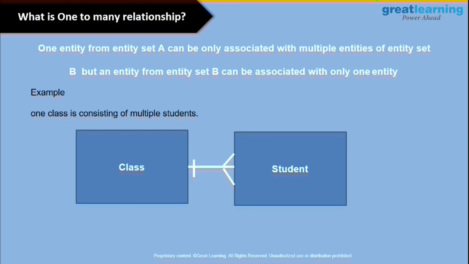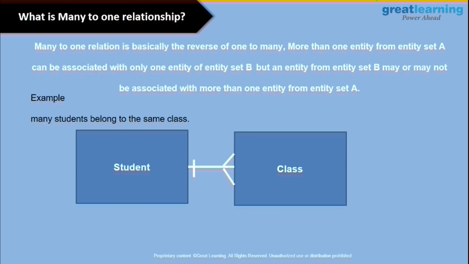I know it is a bit confusing, but when you start working with this, you will start understanding how the one-to-one and one-to-many relationships work, and you will start making your entities with these relationships. Now we are going to talk about the many-to-one relationship. Just keep quiet and try to understand what this definition wants to tell us. Many-to-one is basically the reverse of one-to-many.